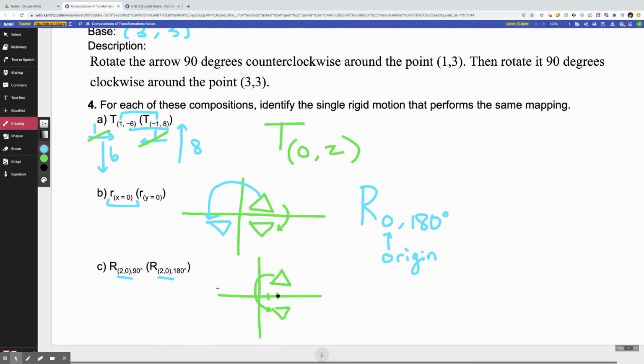And then if I rotate it again another 90 degrees, it's going to end up right here. So rather than going all the way around, I could have just gone 90 degrees in the other direction. So I could have done this as a rotation still around the point 2, 0, but instead of rotating 90 degrees, then 180 degrees, I'm going to rotate 90 degrees in the other direction. So that's negative 90 degrees.